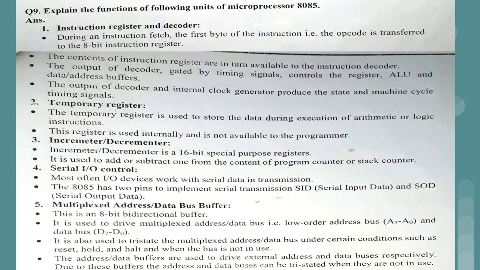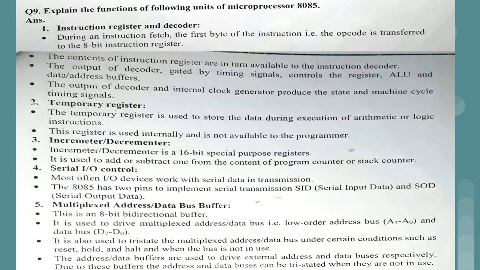In the CPU organization diagram, the instruction register basically stores the first byte of the instruction, that is the opcode, which is transferred to the 8-bit instruction register. So the instruction register always stores the opcode, the first byte of the instruction which we want to execute. Next, the contents of the instruction register are in turn available to the instruction decoder.